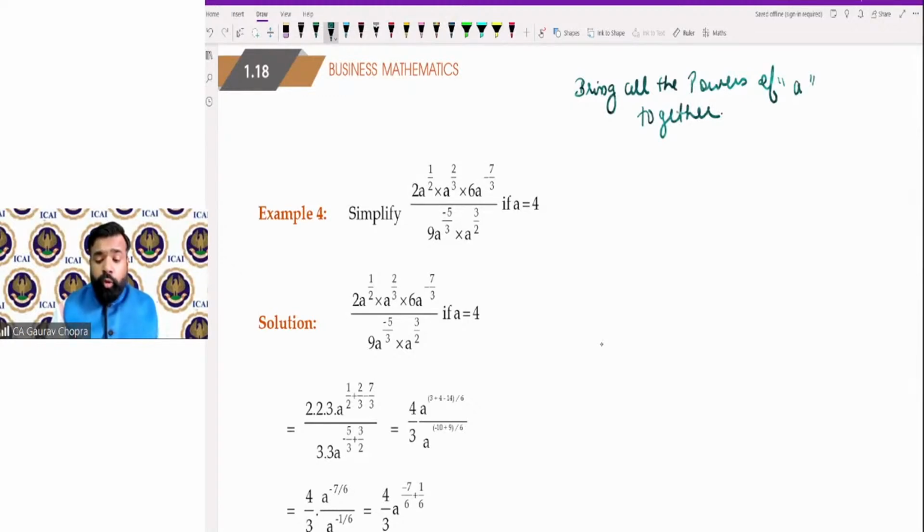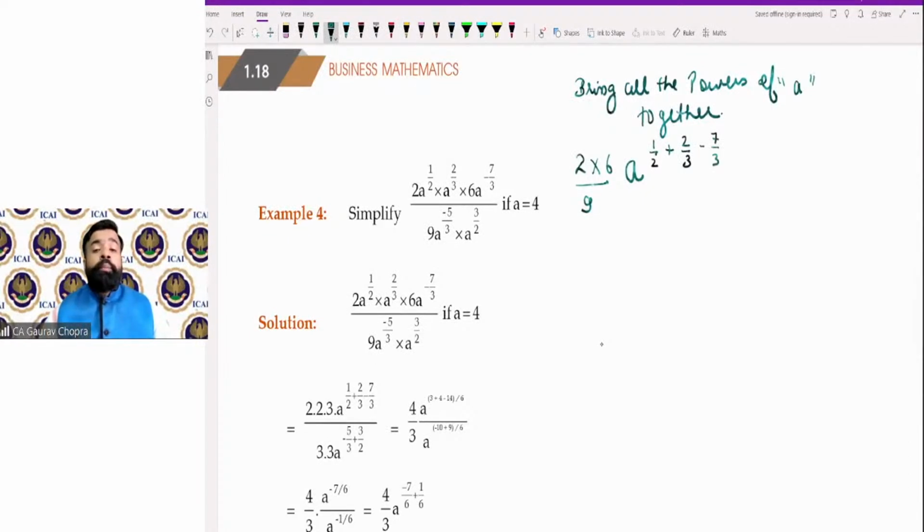So first of all, take all the numbers together. 2 multiplied by 6, these two are in the numerator and 9 is in the denominator. Now only base a is left. Now what is the power of a? In the numerator, the power is half plus 2 by 3 minus 7 by 3.